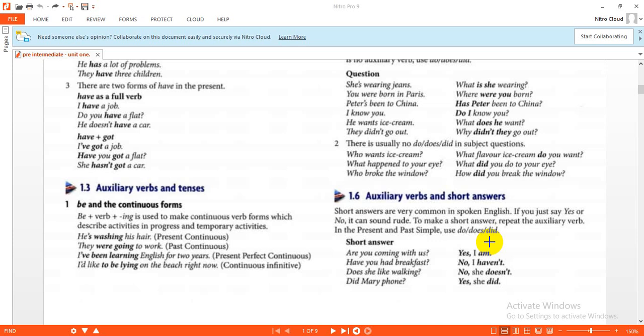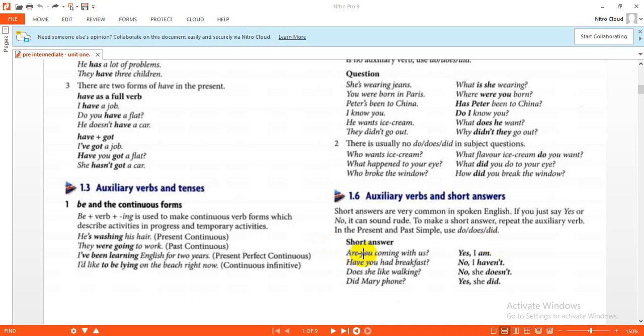If you just say yes or no, it can sound rude. إذا قلت فقط نعم أو لا يمكن أن يبدو بشكل غير لائق. لعمل إجابة قصيرة to make a short answer, repeat the auxiliary verb in the present and past simple, use do, does, did. نكرر الفعل المساعد في الحاضر and past simple use do, does and did.